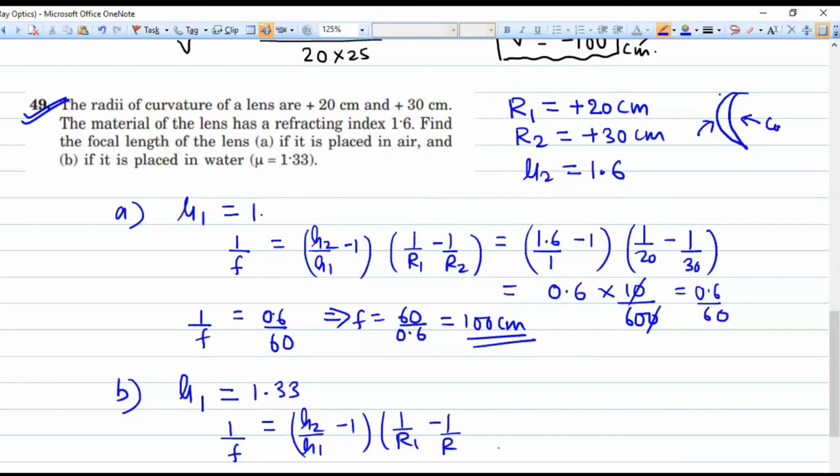Just put the values. mu2 is always fixed at 1.6. Only we have changed the surrounding medium. Now the surrounding medium is water, so 1.33 minus 1, into 1 upon R1 minus 1 upon R2. R1 is 20 and R2 is 30. Now you can solve, and you will get a different value of focal length.